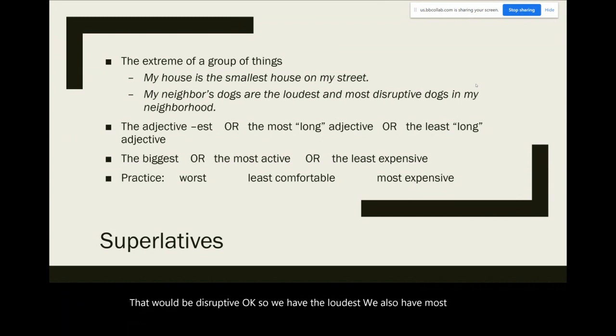So notice here we don't have an ER and we don't have more, right? Because those go with a comparative. For a superlative, it's different. What we need to have is the word the. Okay, we always have the with a superlative. Notice I do not say my neighbor's dogs are loudest.